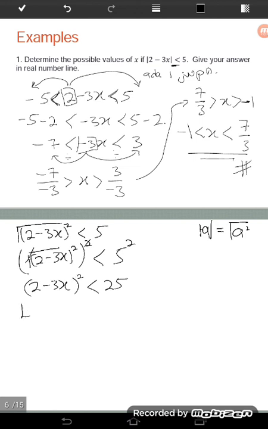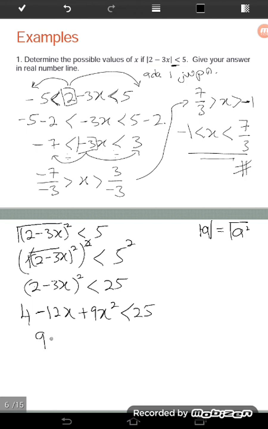Okay, so expand this one. 2 square is 4. 2 times 2, 4. 4 times negative 3x, negative 12x. And then negative 3x square, so positive 9x square less than 25. Next simplify.